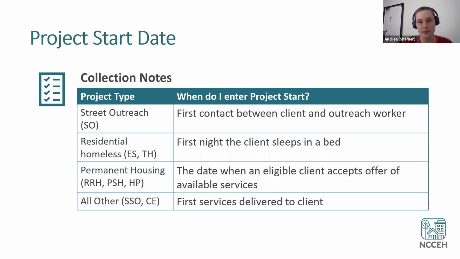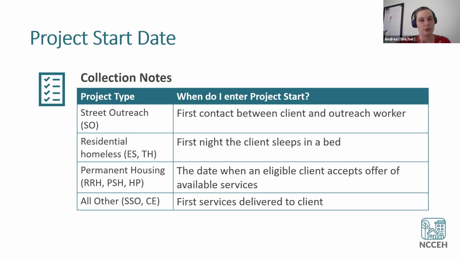that pillow. And that's really different than permanent housing projects where you're working with a client for weeks, maybe months to find housing, to do that housing search, get documentation together maybe. And so for permanent housing projects, this is when an eligible client accepts the offer of available services.